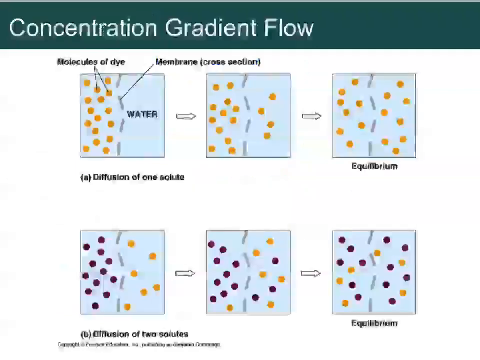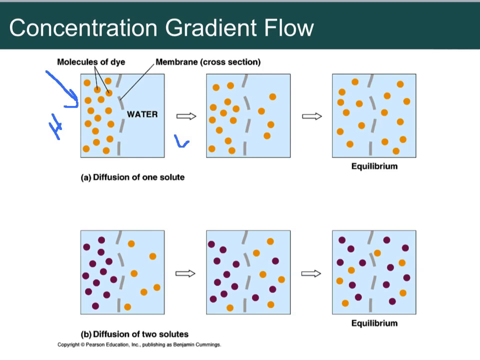Here's some pictures of that. So here's some water with some dye molecules to make it colored water. Maybe it's red or yellow because it looks kind of yellowish, right? There's lots of dye molecules over here, very concentrated, and none over here, so low concentration. This is the high concentration side, this is the low concentration side. That's a concentration gradient. And we'll see in a minute that the stuff wants to flow this way.